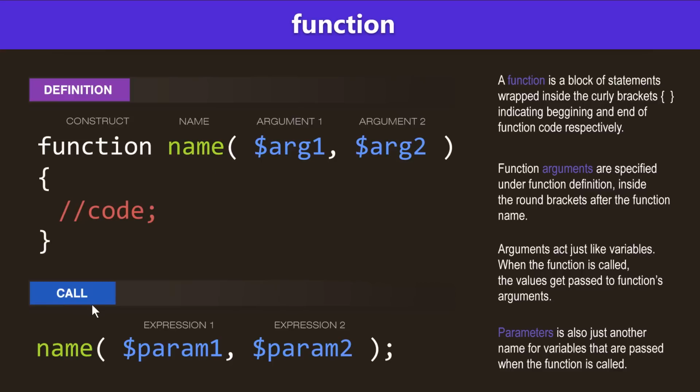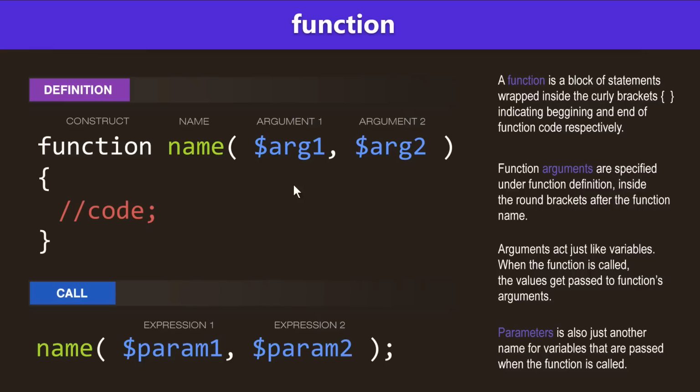Now when the function is called, we pass the parameters, which act just like the variables, and these variables will hold values, so they're called expressions, hence the name expression1 and expression2. And then these parameters get passed into function's arguments. So the first parameter is going to get passed to the first argument, and the second parameter is going to get passed to the second argument.